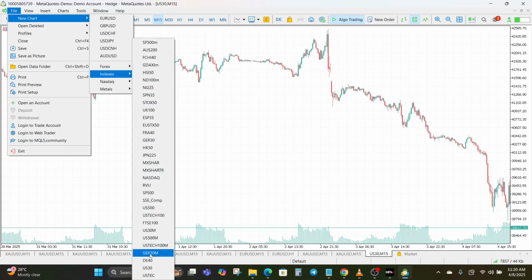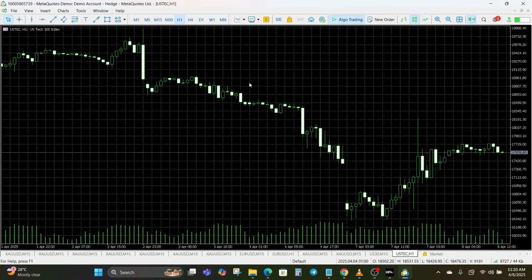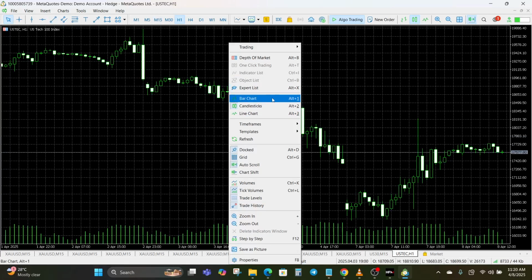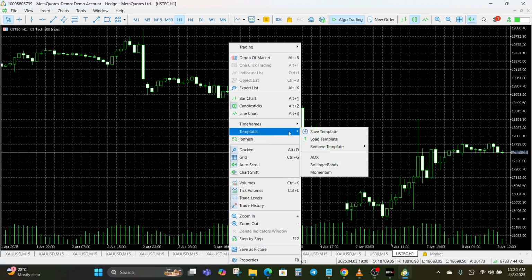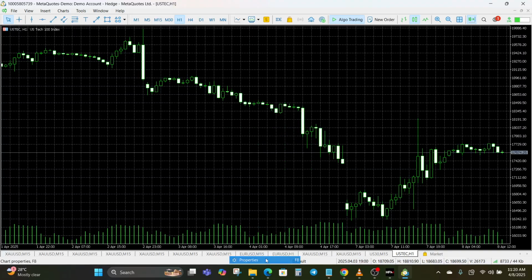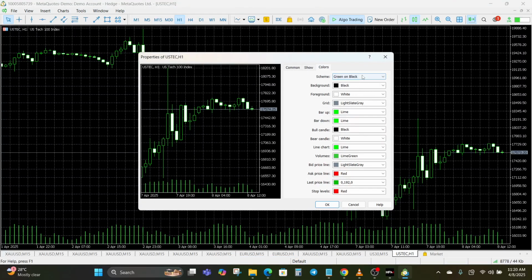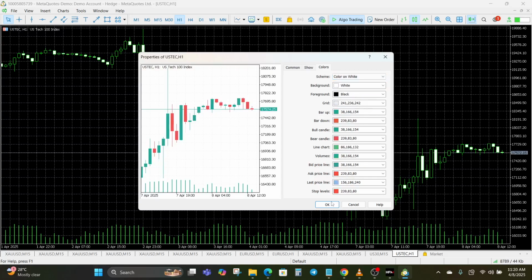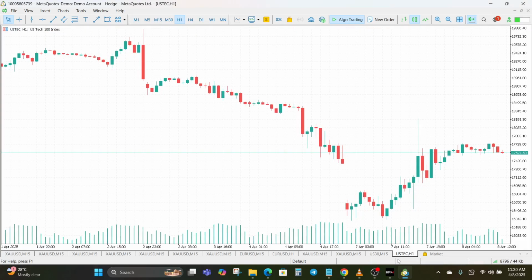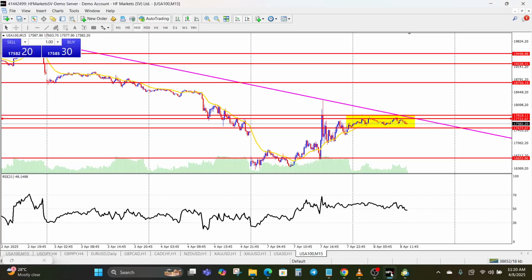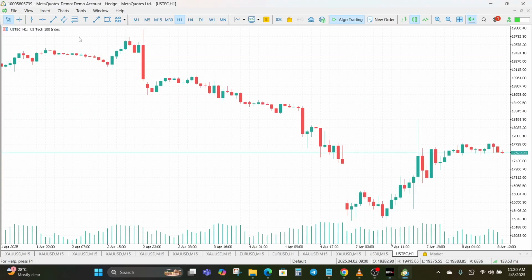And of course, in as much as there might be some improvements on MT5 in terms of features and some tools and all of that, which MT5 seems to have an advantage over MT4, but still the strategy is the same on both platforms.